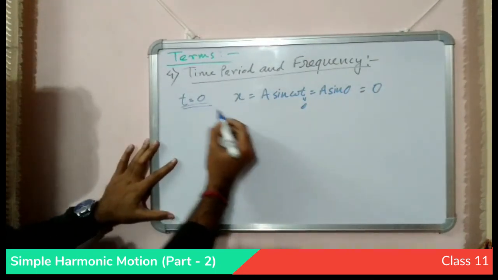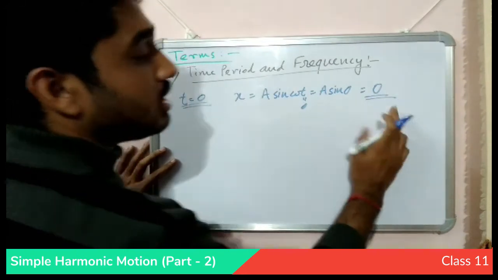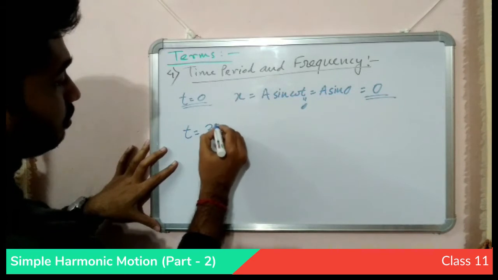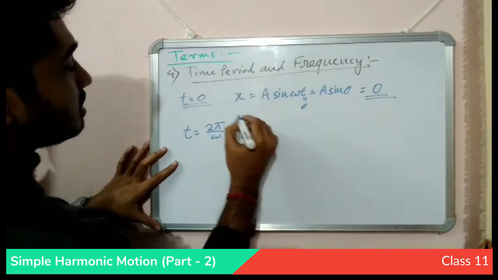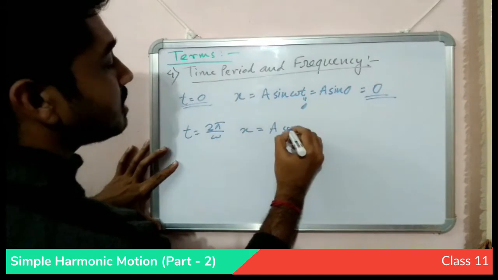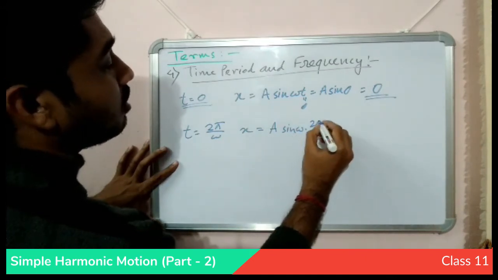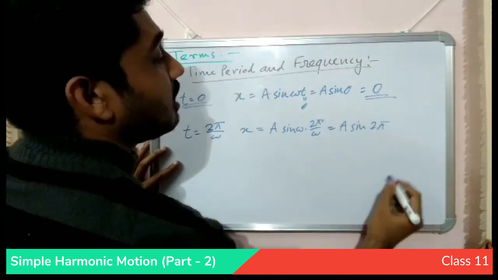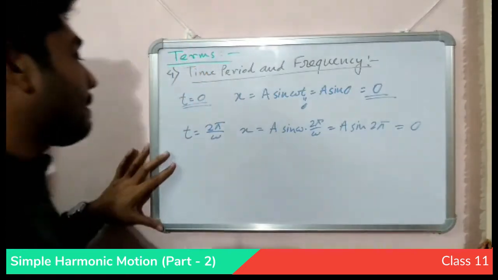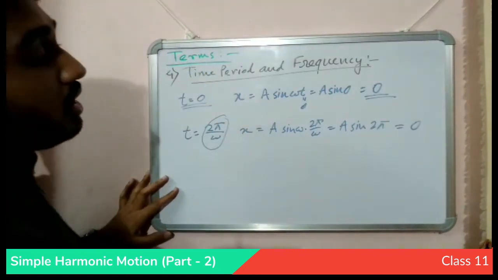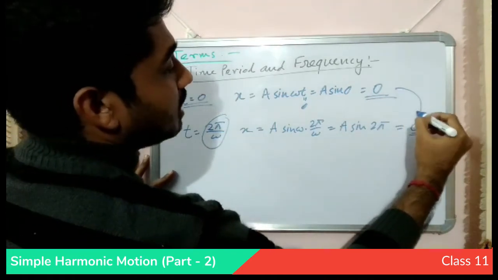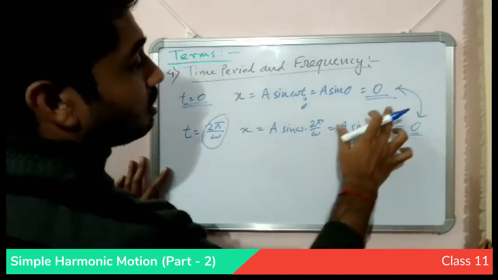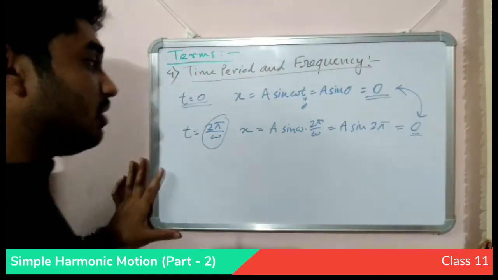So at time t equal to 0, the body was at rest at the initial point 0, and at time t equal to 2 pi by omega, x is equal to a sin omega times 2 pi by omega, which leads to a sin 2 pi, and this also is equal to 0. So this 0 and this 0 mean the body has returned to its original position after a full revolution.